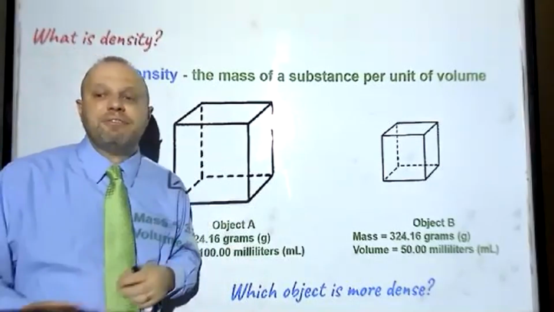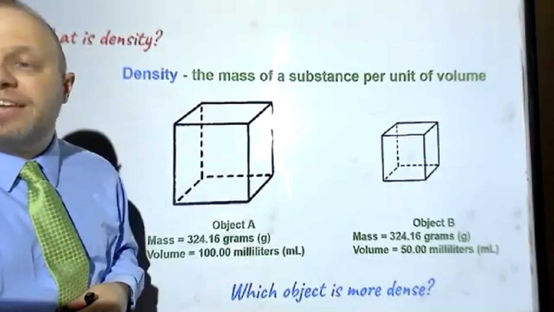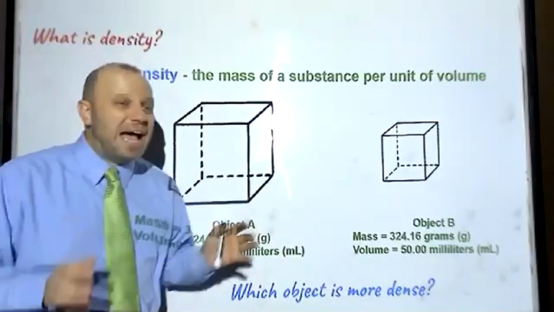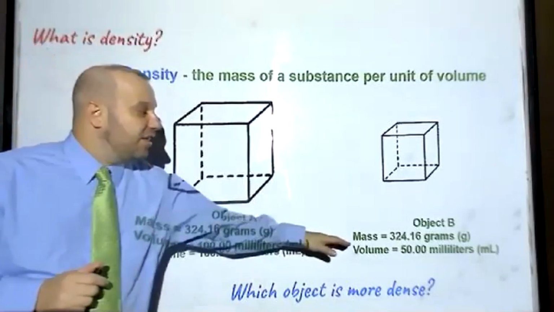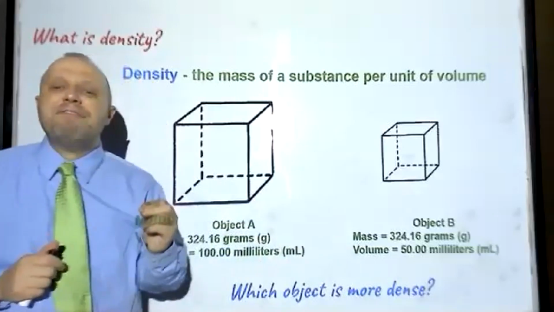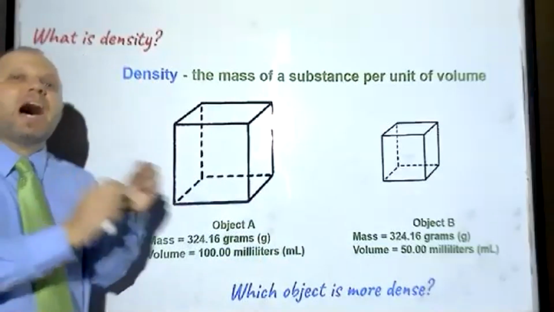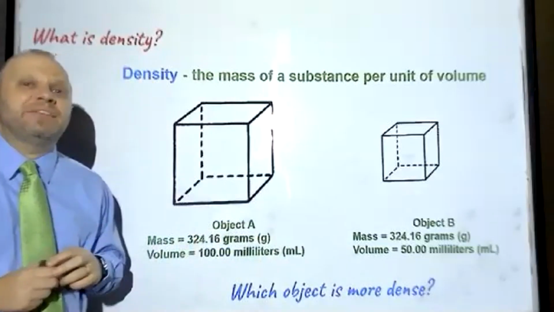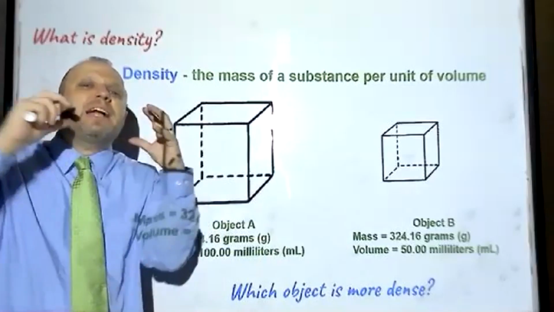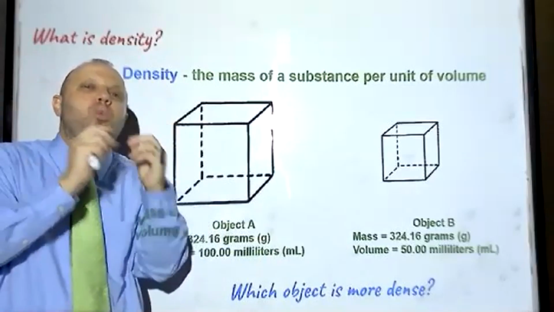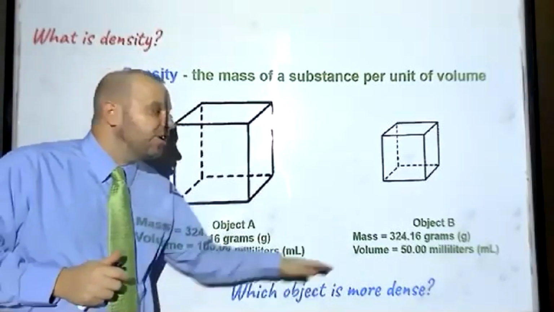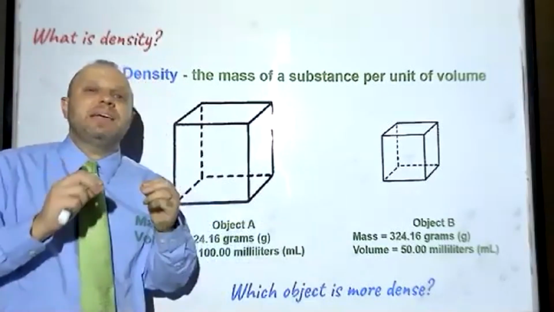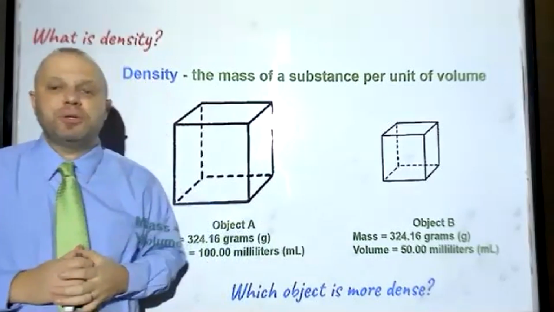If both objects have the exact same mass, to the 100th of a gram, but object B has half the volume, that must mean object B is the one that's more dense. Same amount of mass, packed into half of the volume. So the answer is object B.